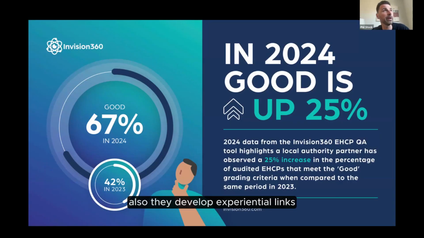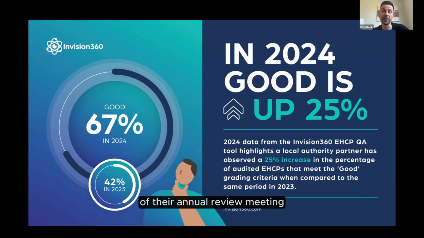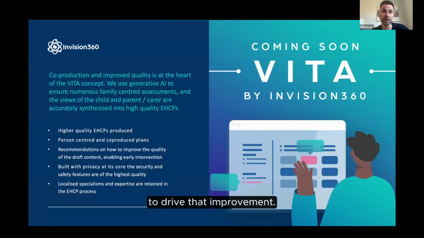Also, they develop experiential links, and what we mean by that is feedback links for parent carers, children and young people on their experiences of their EHCP, of their annual review meeting, of their education psychology advice. So we really are trying to capture as much information as we possibly can to drive that improvement.